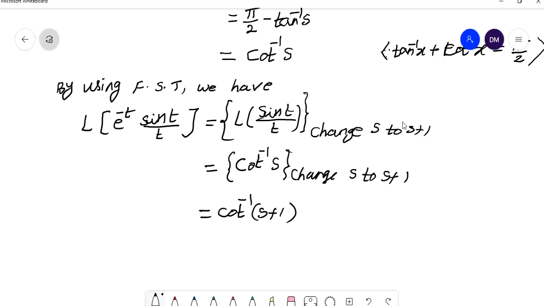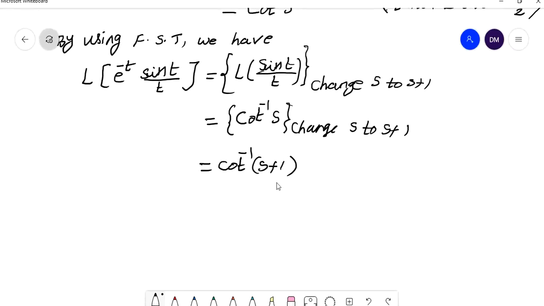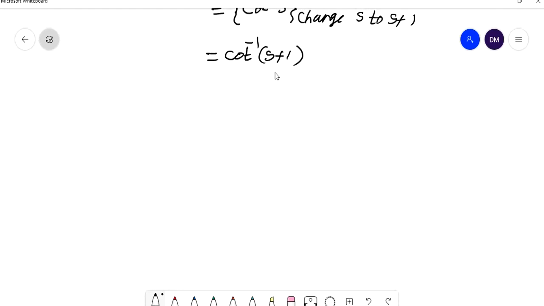These are the problems we have under the division by t property. We have some more problems you can work out. If you practice them carefully, you can get a better idea of the division by t property. Please note down some of the problems.